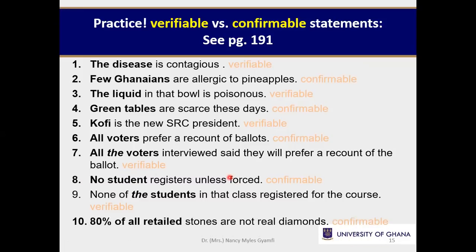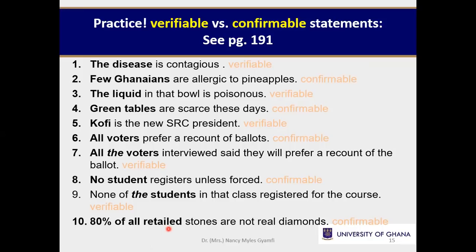Then the very last one, 80% of all retail stones. See, all retail stones. If I had said 80% of all the retail stones in my shop, that would have become a particular statement, 2 out of the 10 retail stones in my room. But if I said 2% of retail stones are not diamonds, I'm referring to retail stones of all times, all places.